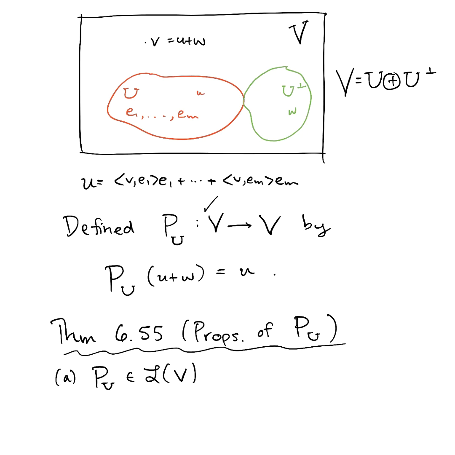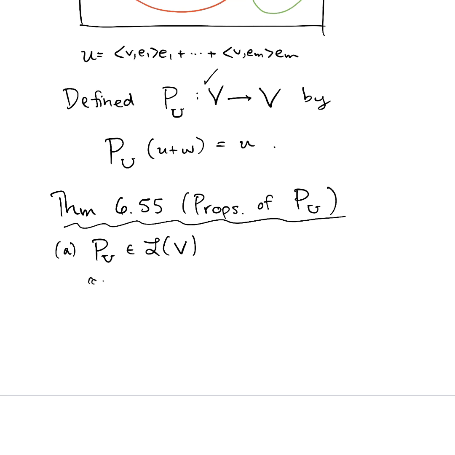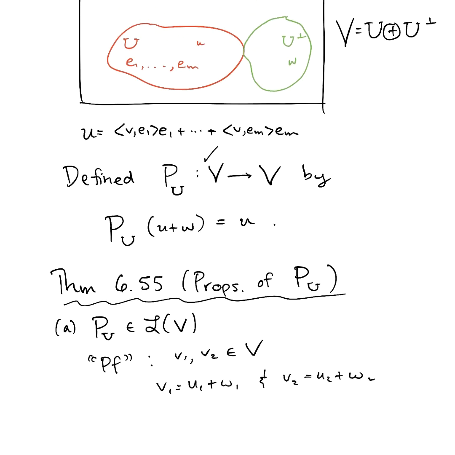Let's investigate the addition property. So this is a sketch of a proof. At least as far as addition goes, say you've got V1 and V2 that both belong to V. Then V1 is some U1 plus W1, and V2 is just some U2 plus W2. So each of those vectors is a unique red plus green in that picture.